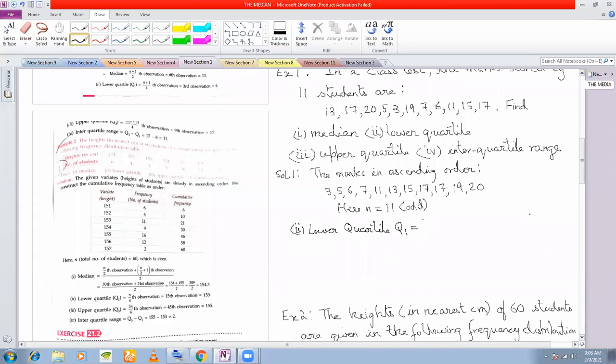Lower quartile, you know, is 3n by 4th observation. n here is 11, so put n is equal to 11, which is 33 by 4th observation.